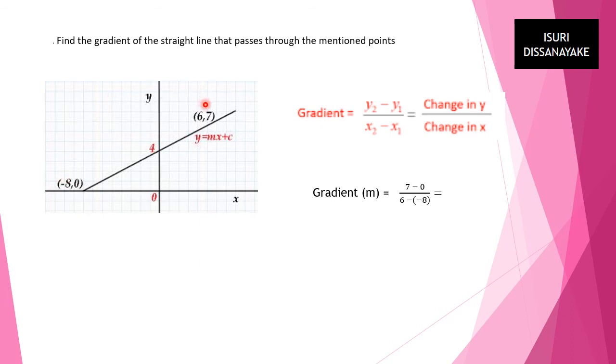Be careful here. 7 minus 0, yes, 6 minus (-8), because you are finding the difference between the two y coordinates and the difference between the two x coordinates. 7 minus 0 is 7. 6 minus (-8) is 14.